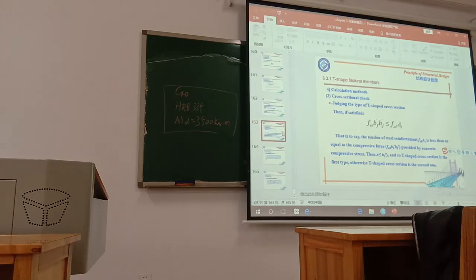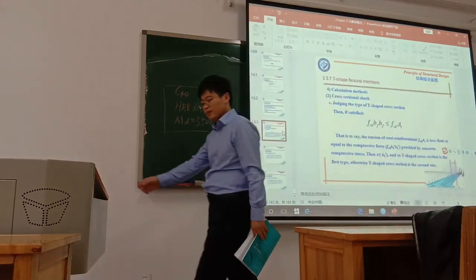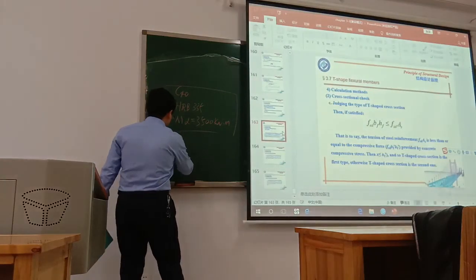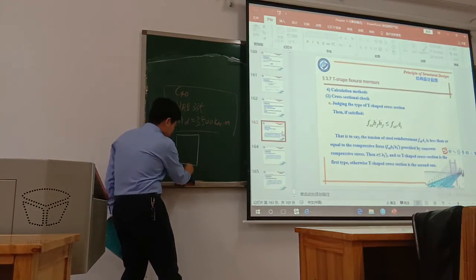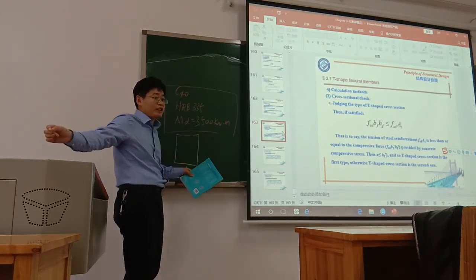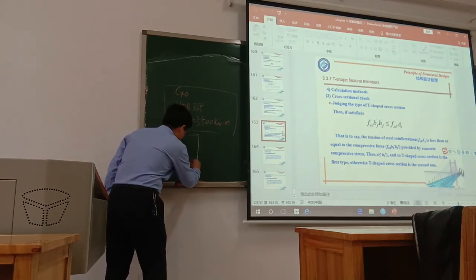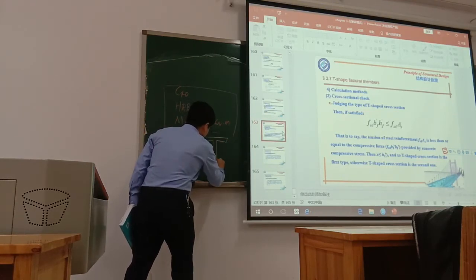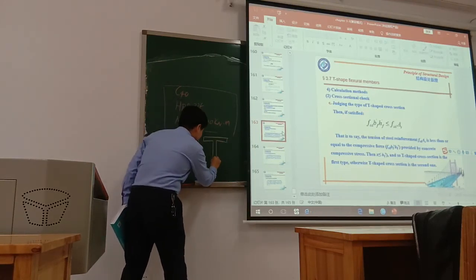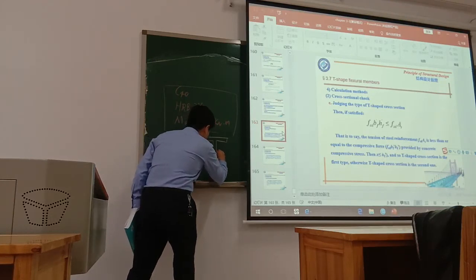We normally have many layers of reinforcement. You should notice, for the rectangular shape, the width b is wide enough, so you can put a lot of reinforcement in one layer. But for this T shape, this b is so small that you have to put it into lots of layers.